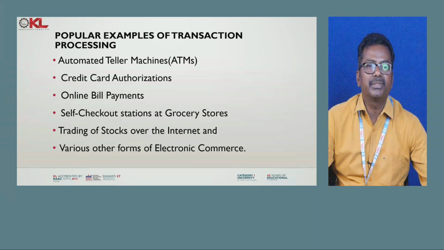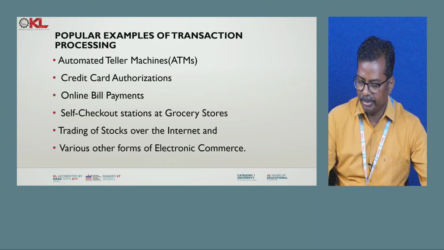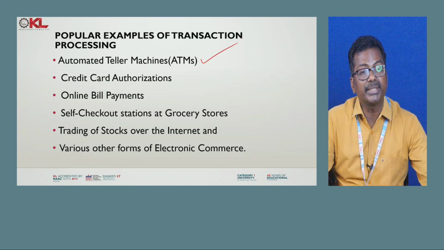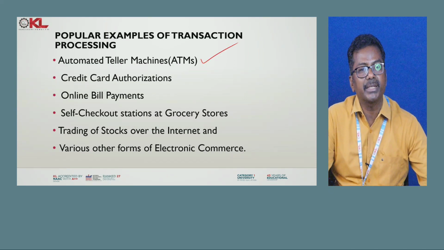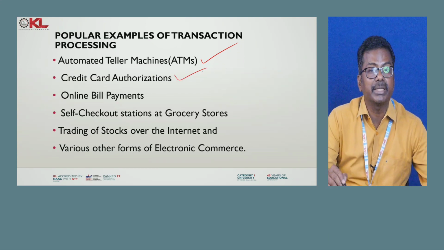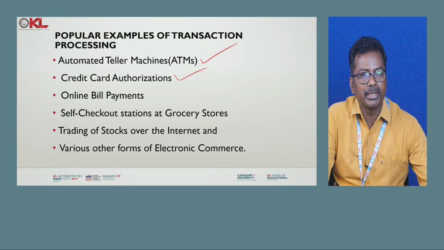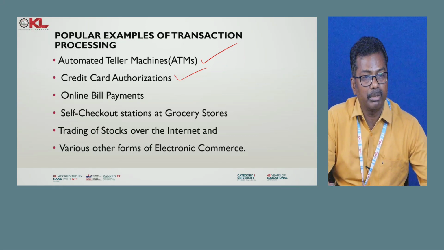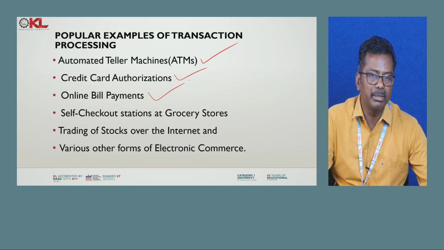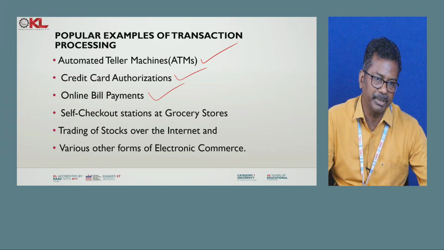Some popular examples of transaction processing have been given here. The famous example is ATM transaction of a banking activity. Next, credit card authorizations, another example where transactions are performed. Next, online bill payments, it may be a credit card bill or an electricity bill or whatever it may be.